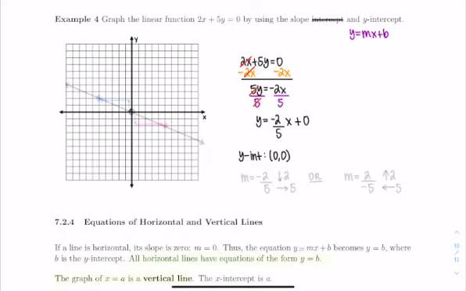So let's go ahead and plot that. And my slope is -2/5. So with a -2, we're going to go down 2 units and a positive 5, we go to the right 5 units. Or, there's always going to be a second option.